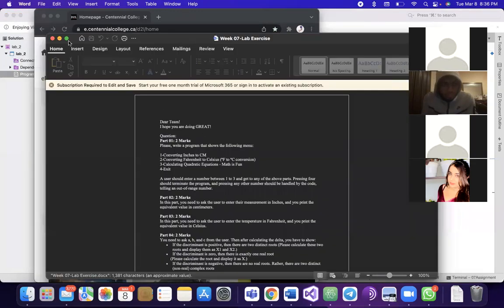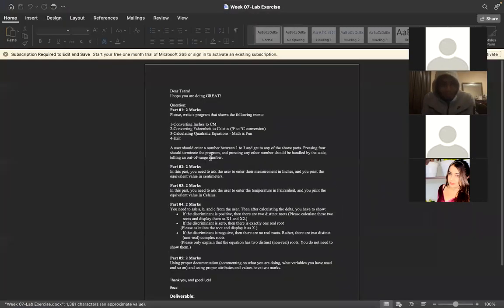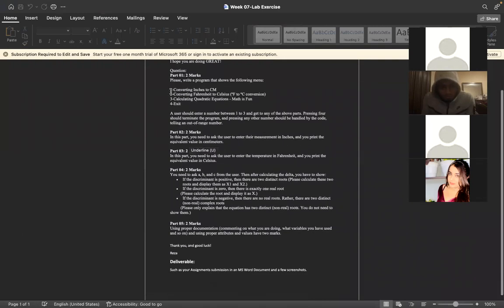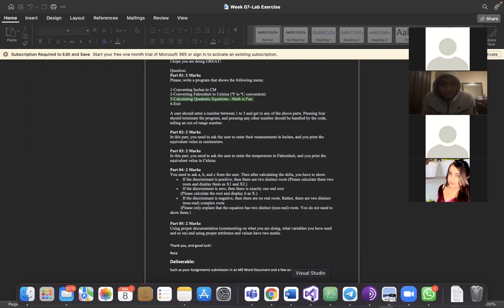Okay, so this is the criteria that we have to meet. I already went a little ahead and did 2 or 3 of these things. I feel like the hardest thing would be calculating the quadratic equation, but we'll leave that for the end, and right now we'll just start and hopefully everyone can understand what we're doing.